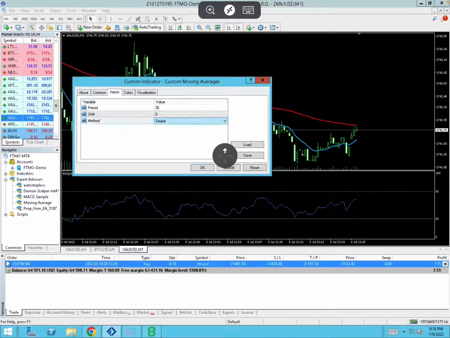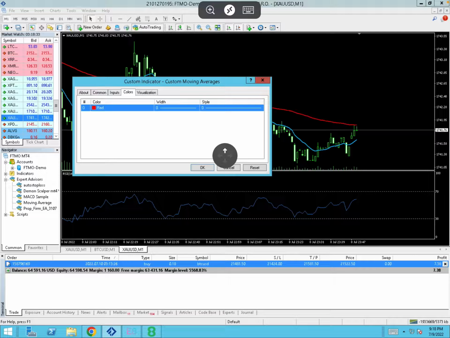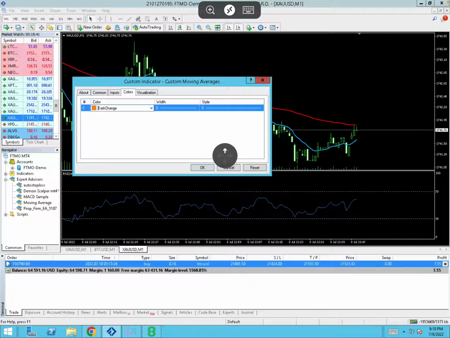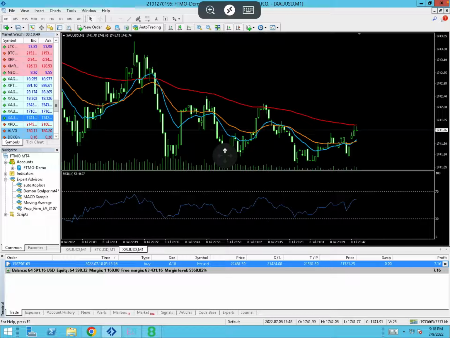And we don't want simple as usual. We want to set that to exponential. The color on this one is going to be that orange color, dark orange. Thicken up that line to 2. And there we go. There are our moving average lines.